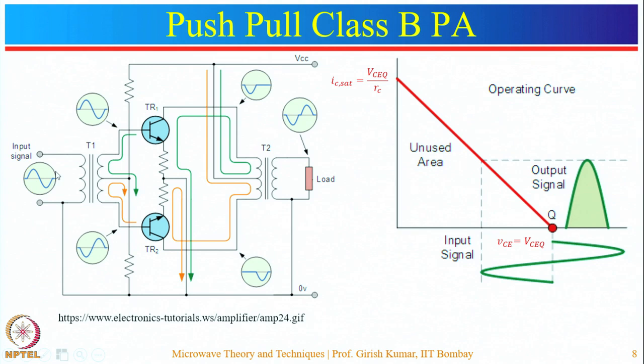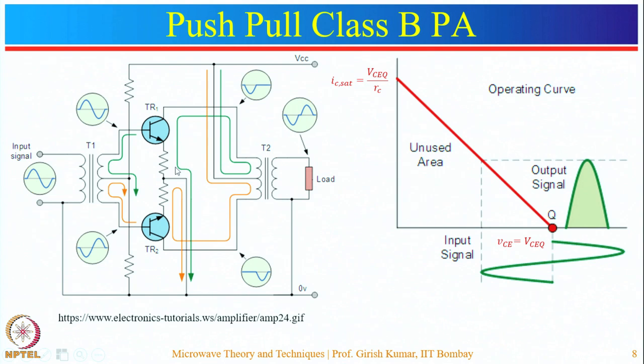Here the input is provided by using the input transformer and the output is taken and combined from these transistors by the transformer at the output. So in this case the input signal is decoupled at the secondary and they are out of phase. Here you can see, they are tapped in such a way that the inputs to these transistors are out of phase.